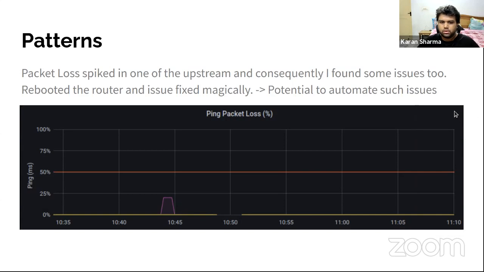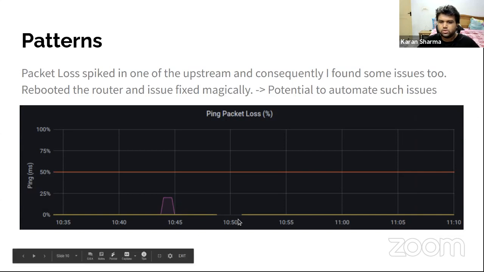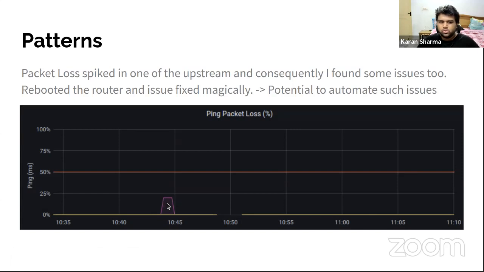If you notice that on 10:50 I just lost my internet, and before that I was getting some packet loss. So what I do is, I can plug these Prometheus alerts into Alertmanager, which allows me to define an HTTP webhook endpoint, and there I can write all my custom scripts.